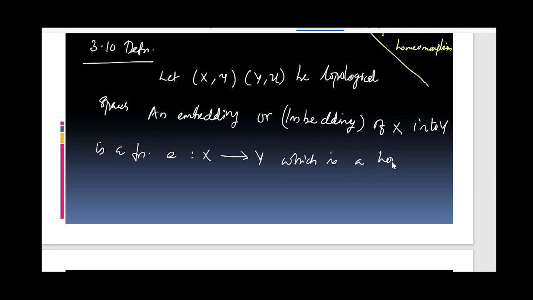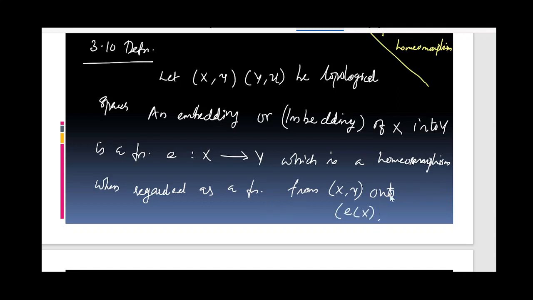which is a homeomorphism when regarded as a function from X onto its range space, that is, onto e of X with the topology u restricted to e of X. Okay, so this is called the embedding.